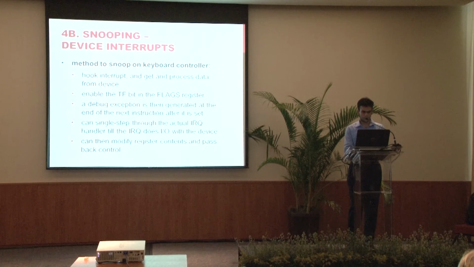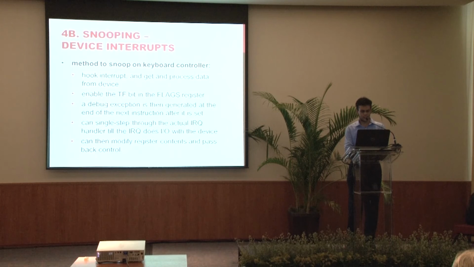from the keyboard. One particular method I thought of to snoop on the keyboard controller is that you can hook the interrupt and get and process data from the device, anything you want. Then once you're exiting the interrupt and handing control to the interrupt used by the OS, you can enable the TF bit in the flags register. The TF bit specifies that a debug exception is to be generated after each instruction.